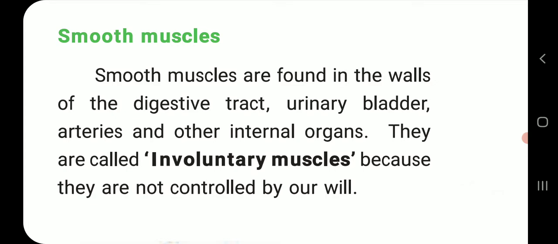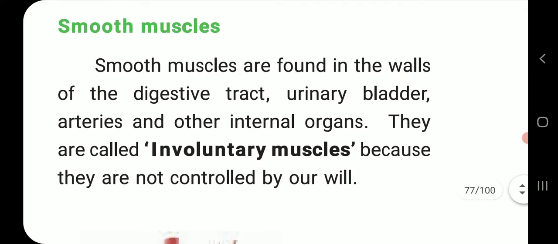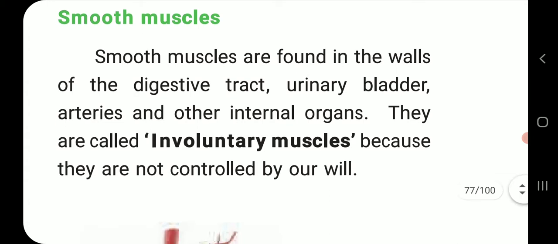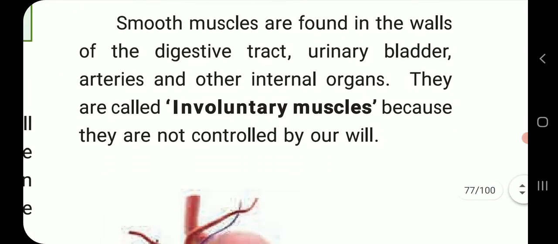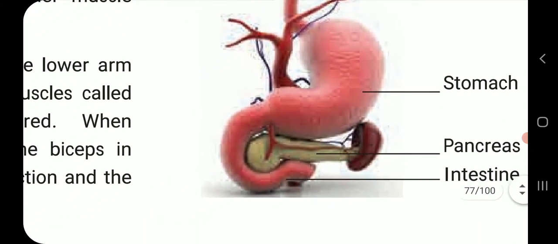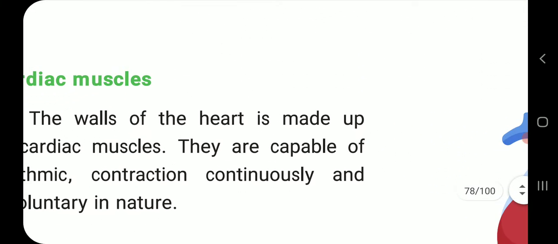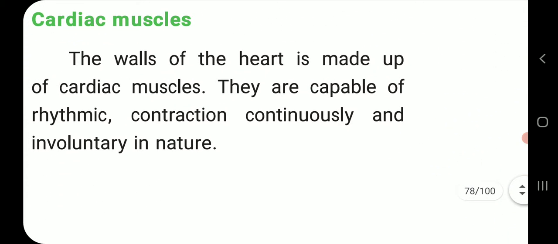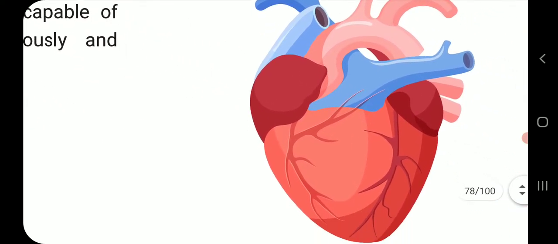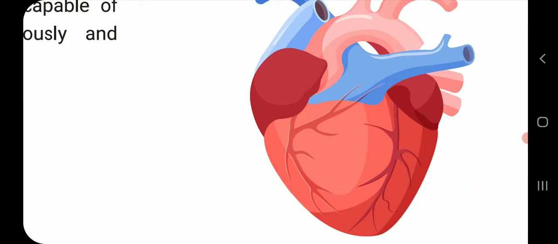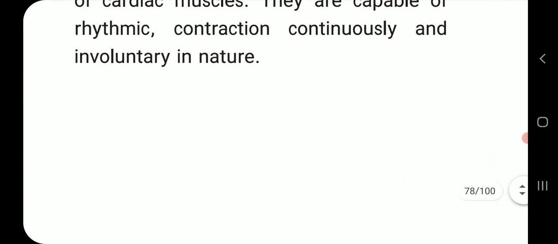These smooth muscles are found in the digestive tract, urinary bladder, arteries, etc., and they are also known as involuntary muscles. Then coming to the cardiac muscle, this cardiac muscle is found only in the heart, and this type of muscle also comes under the involuntary type.